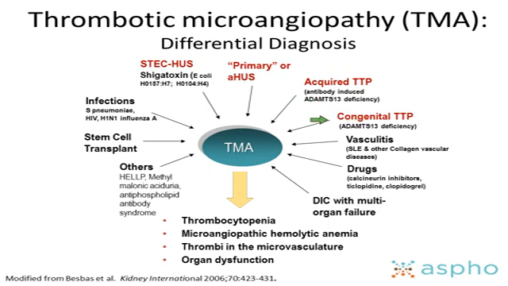But as you can see, there are a number of other disease entities that also fit under this umbrella of TMA, all of which lead to the same clinical features of consumptive thrombocytopenia, microangiopathic hemolysis, microthrombi formation, and ultimately end organ dysfunction.